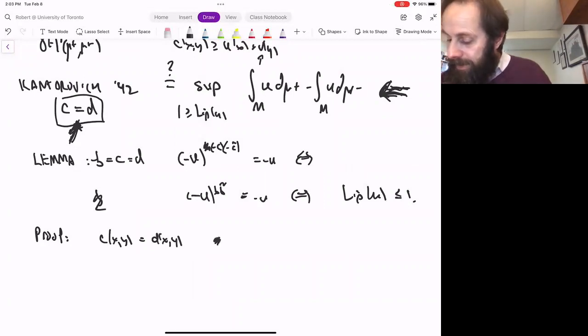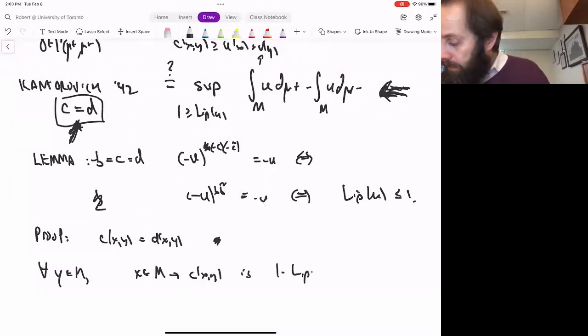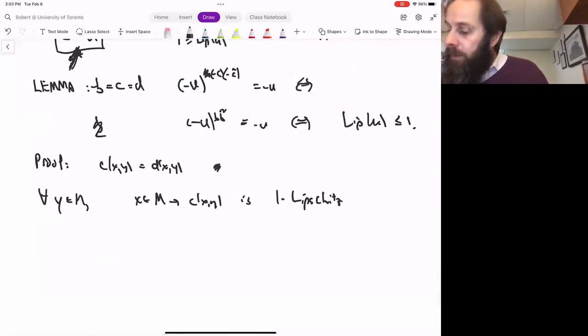I should write it for every Y. If I fix Y, then I have a 1 Lipschitz function. So let me give this 1 Lipschitz function a name. I could call it Ly of X or something.